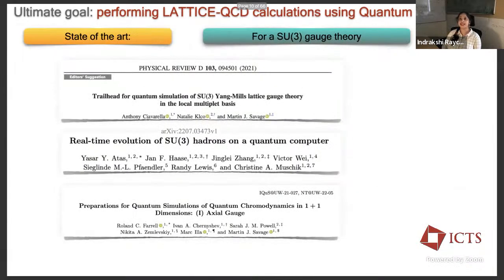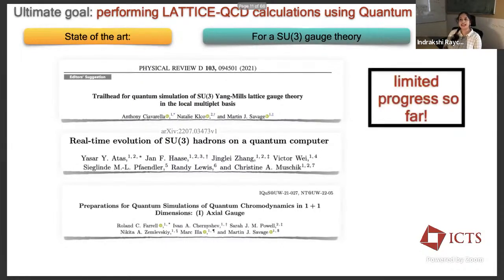However, if you look at what has actually happened towards finally dealing with QCD, which is the SU3 gauge theory, you will see that the list of references is pretty limited. There have only been 3 works reported in this direction, and those 3 works are also very limited, for example, for a small dimension or very small lattice, or only with very specific boundary conditions, something like that.